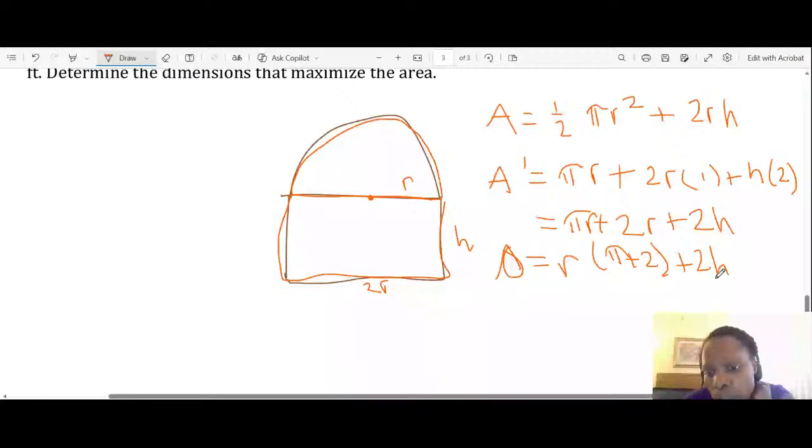So I can let h equals 2r. Or if I left it in general and said that h is equal to... there's no minus.